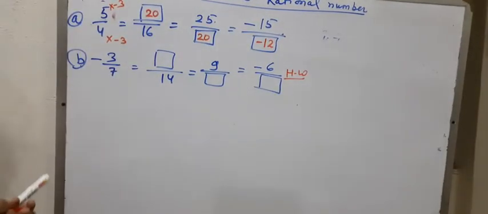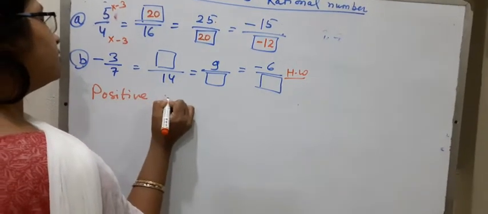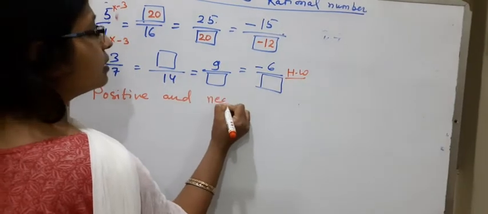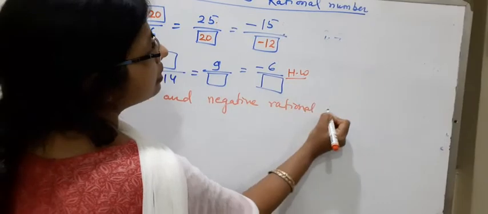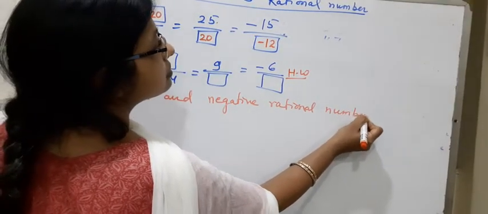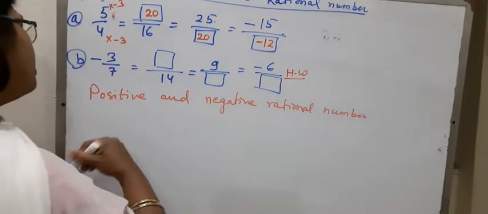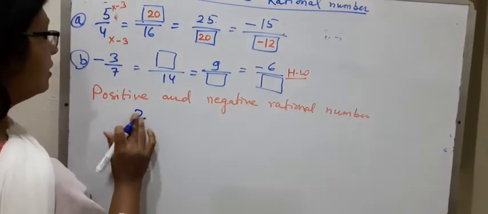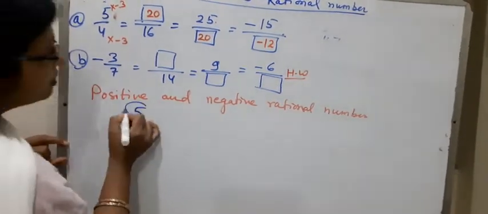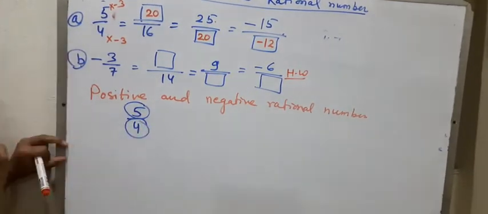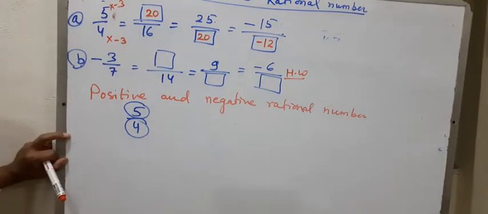Next, positive and negative rational numbers. If, for example, we take 5 by 4, here the numerator is positive and the denominator is positive. Both are positive, so this rational number is called a positive rational number.